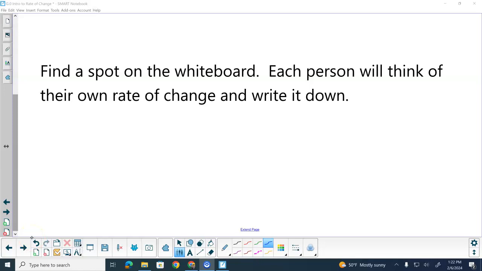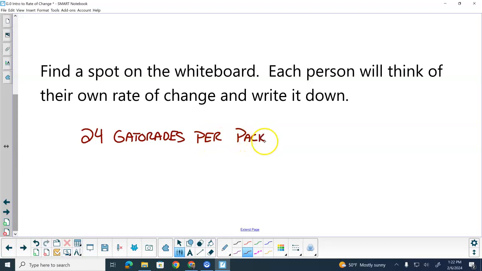Everybody got one? Got a rate of change? Okay. What was your rate of change? 24 Gatorades per pack. Okay.